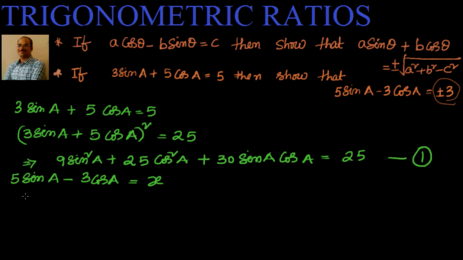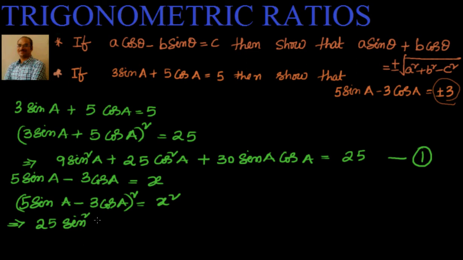Now let us take this and square this also. 5 sin A minus 3 cos A whole square equal to x square. This is nothing but equal to a square, that is 25 sin square A plus b square.